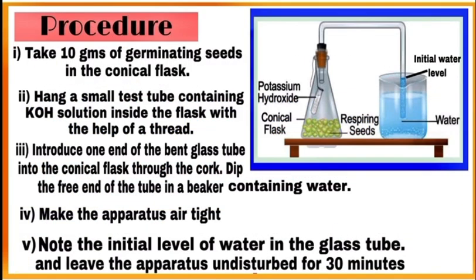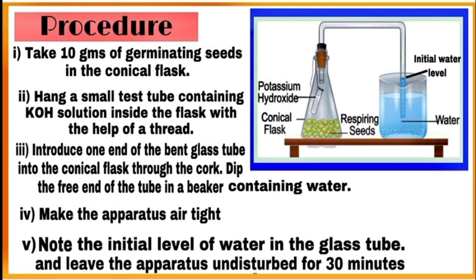Now come to the procedure involved. See how to set the apparatus first. First take 10 grams of germinating seeds in the conical flask as shown in the picture. Then hang a small test tube containing potassium hydroxide solution inside the flask with the help of a thread.